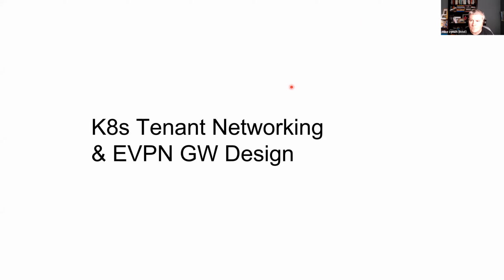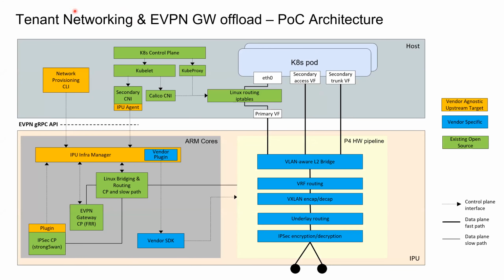Very good. So I'll guide you through the POC design next, before we go on to the actual demo. This is a graphical representation of our architecture. On the top, we have a single server host, which is running a standard Kubernetes system. We have the Kubernetes control plane with kubelet.